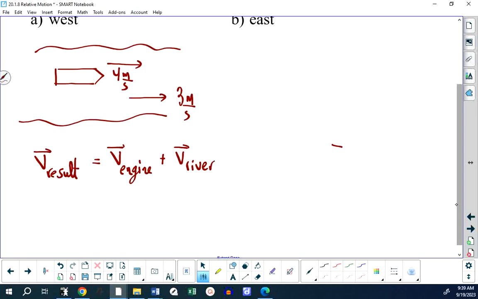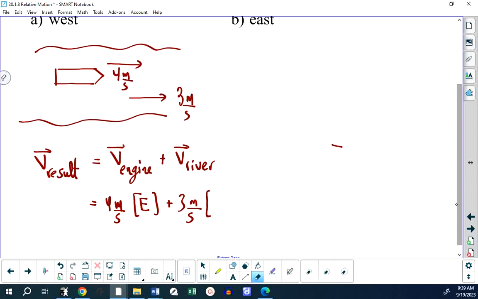So we need to add 4 meters per second west and 3 meters per second west. I am sure many of you could have answered question A. Not east, west. These are both west, am I right? Yeah. Okay, I apologize. These are both west.